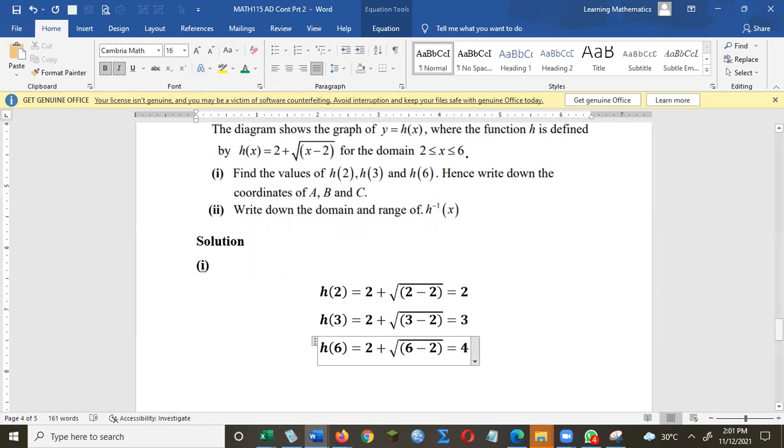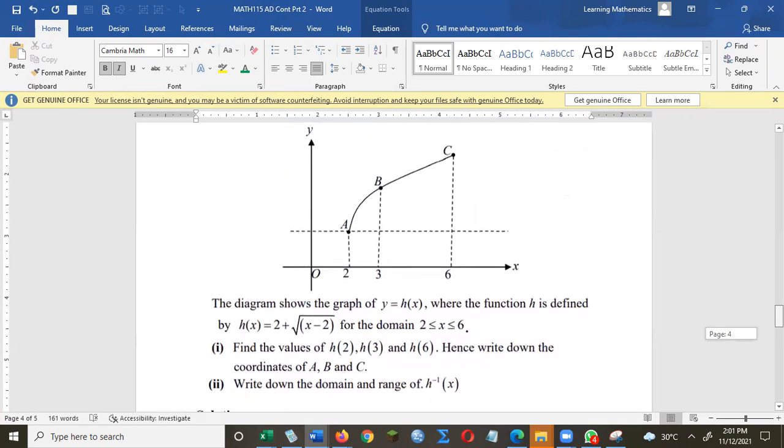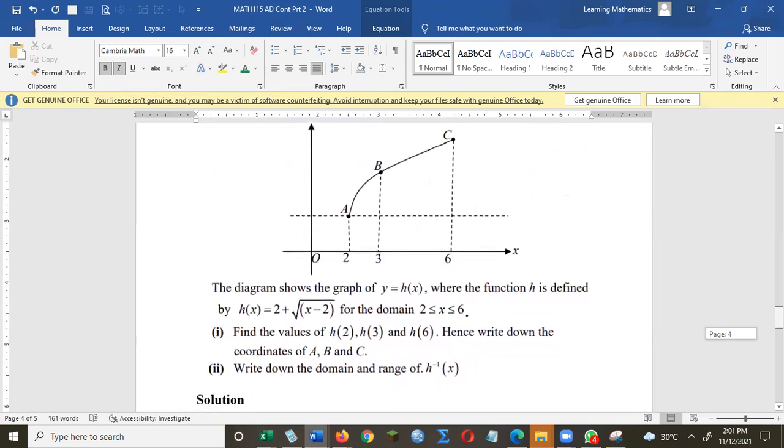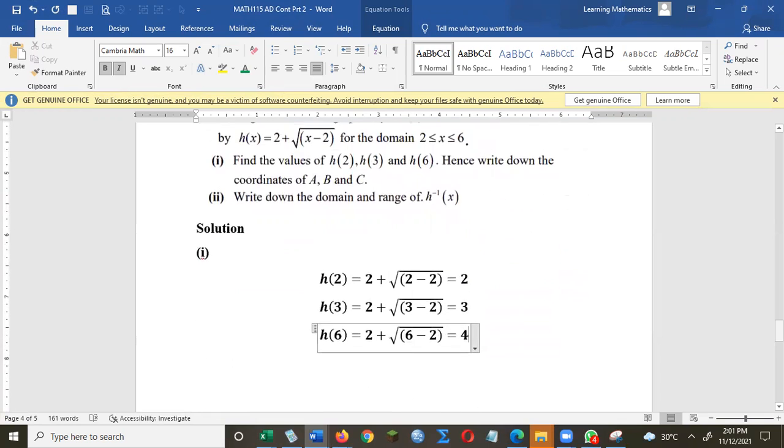Now it says write down the coordinates of, so here's the graph. Write down the coordinates of A, B, and C. So we have to write it in terms of points.